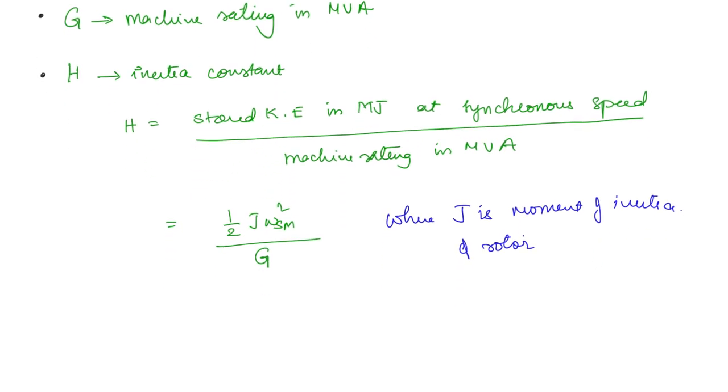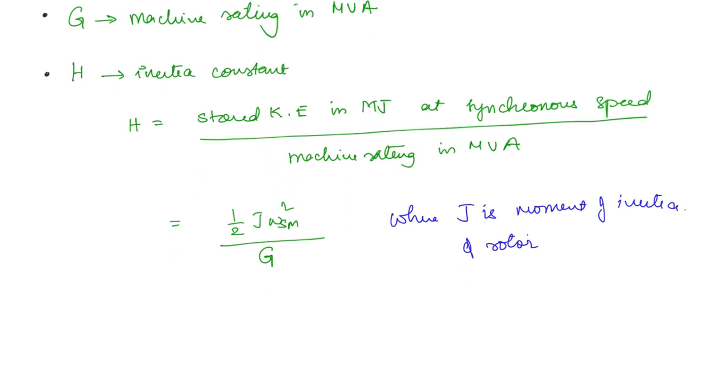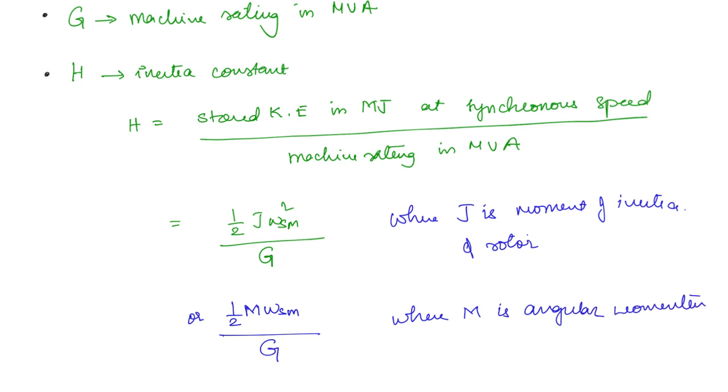Further, this can also be written as half M ωsm, which is also a way to express the kinetic energy divided by G. Now what is M here? M is the angular momentum, related to the moment of inertia as M is equal to J ω.